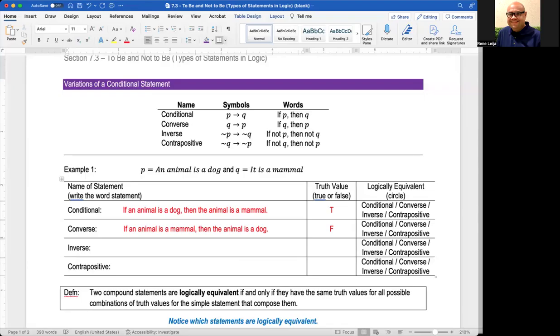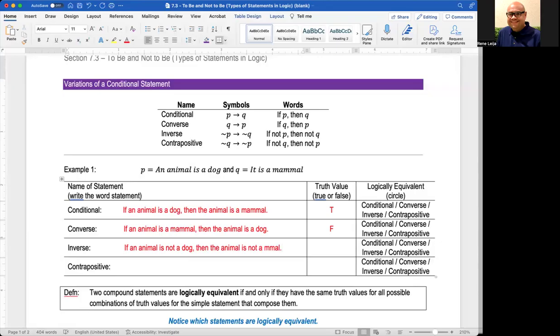Now we're going to look at the inverse. The inverse is when you go back to the conditional, if P then Q. Now we're just going to negate both of those statements. So I'm taking P, and I'm going to negate it. If an animal is not a dog, then I'm going to negate Q, the animal is not a mammal.